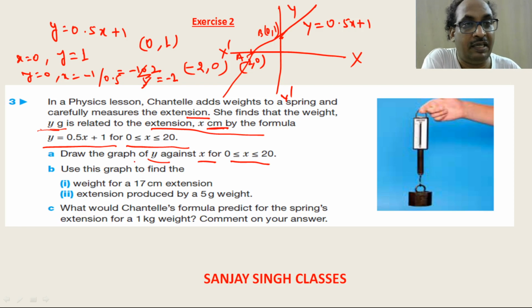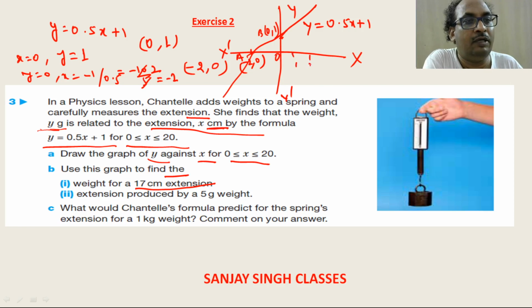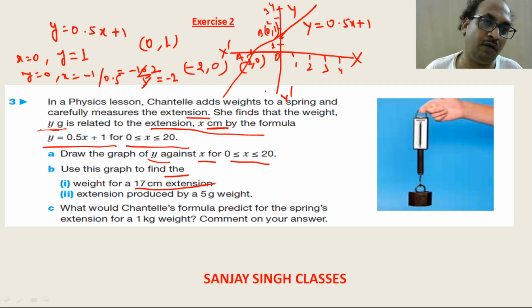So please use graph paper. Use this graph to find the weight for a 17 centimeter extension. From the graph we will be able to find the values very easily. On x we go 0, then 1, 2, 3, 4, like this we can move on, and similarly for y also, 1, 2, 3, 4.